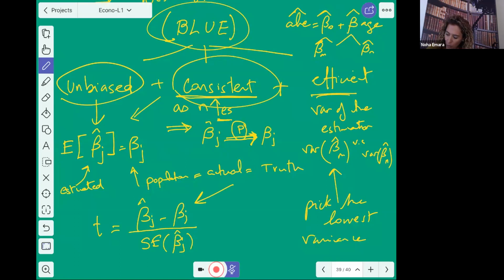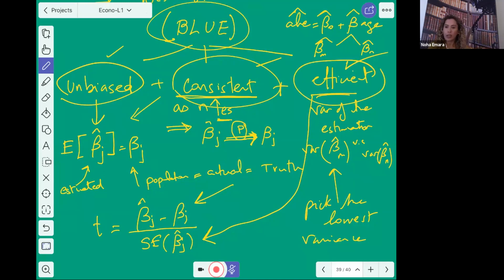The third one, efficiency, is related to the standard error of beta j. So the test statistic is made out of the three components of an estimator being BLUE. I need an estimator to be unbiased, consistent, and efficient. If any of these characteristics of a good estimator is not satisfied, then I might have an inaccurate estimation of the T statistic.